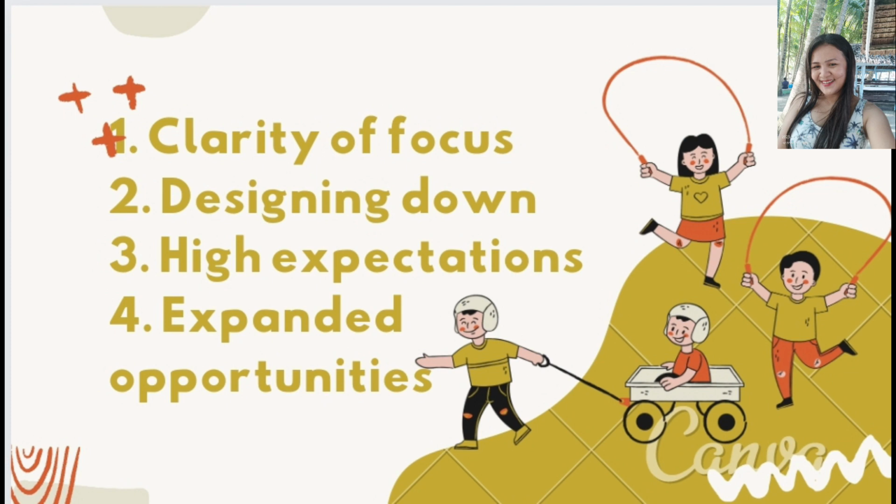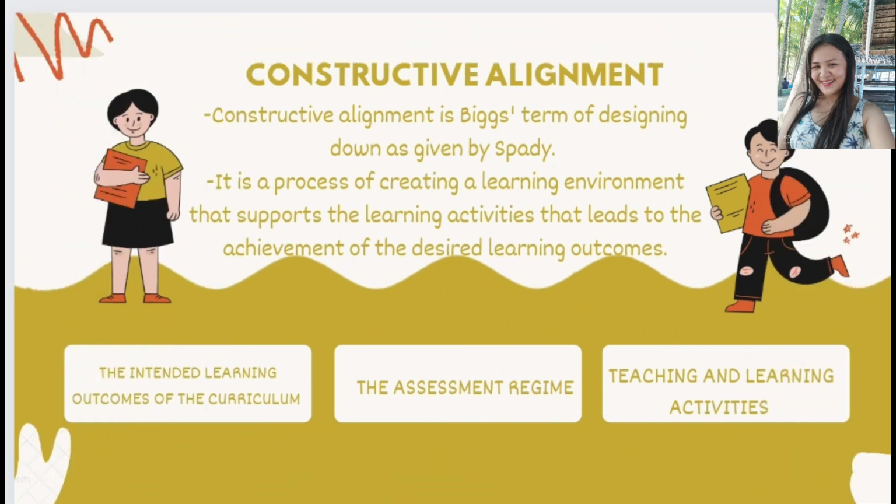Out of the given principles of OBE, we could easily determine that OBE is anchored on the premise that all learners are teachable. It stresses that no learner should be left behind in learning. I guess we are now in the last part of our discussion, which is the constructive alignment.